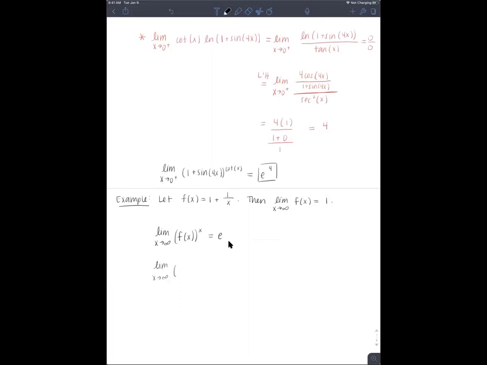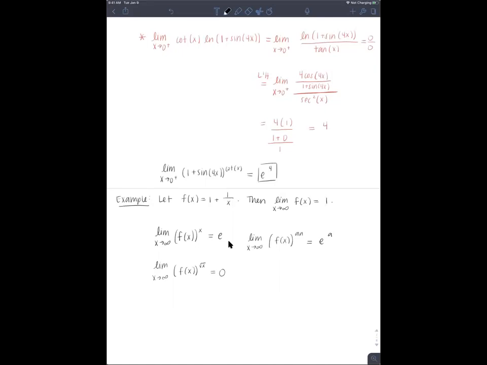And so I'll show you 3 more. The limit of f of x to the power of the square root of x, when you do the whole logarithm and e conversion, you get 0. If I look at the limit as x approaches infinity of f of x to the power of, I don't know, a times n, where n is just some power and a is a coefficient, you're going to get e to the power of a, which is also not 1.